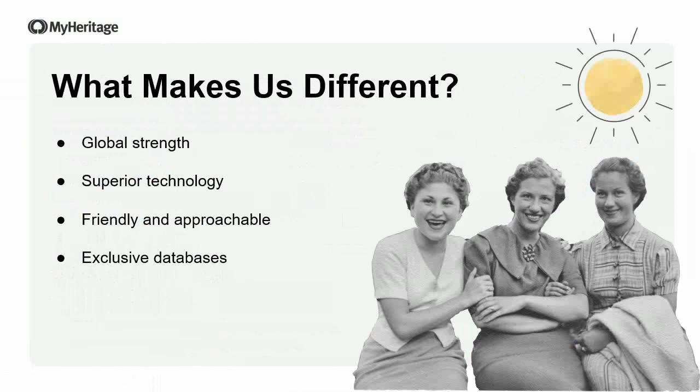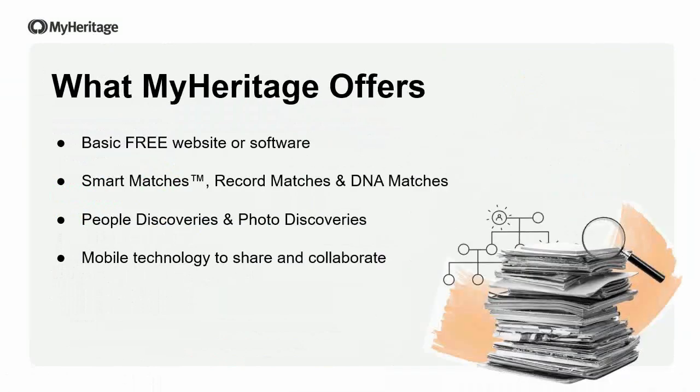We try to be as friendly and approachable as we can. And back to the databases, we have some exclusive databases, and I'm going to point out those interesting ones for your Jewish research.